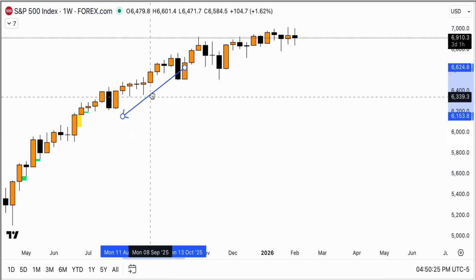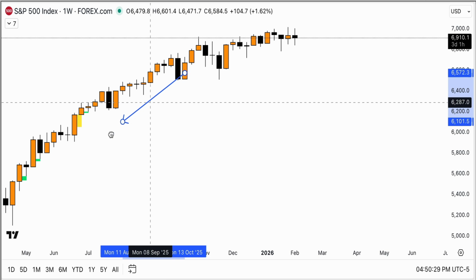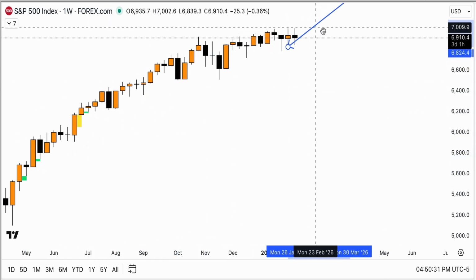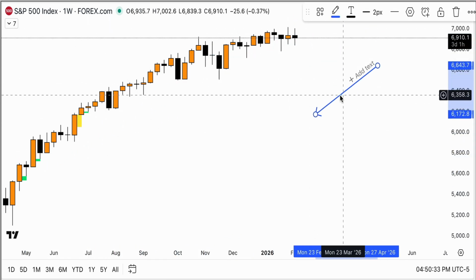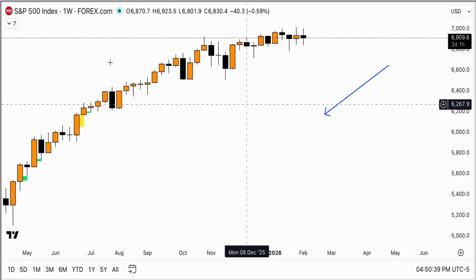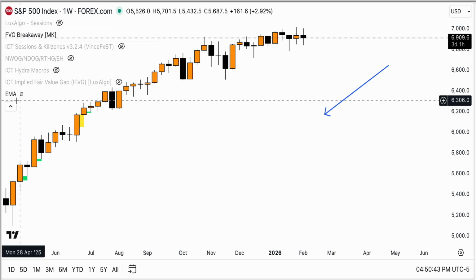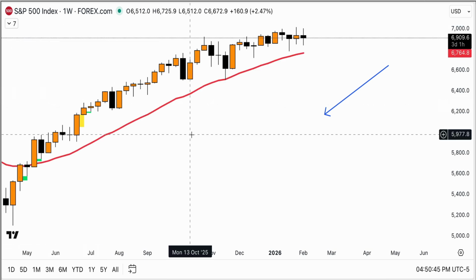Very clearly, this is a weekly chart. We are in an uptrend. And if you can't tell just looking at price alone, so you know I don't really use indicators, but let's use an indicator. Let us switch on an EMA. So this is 21.